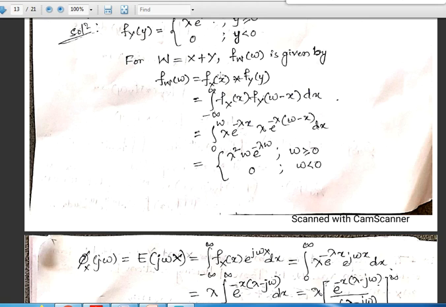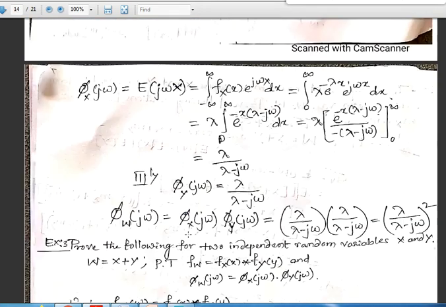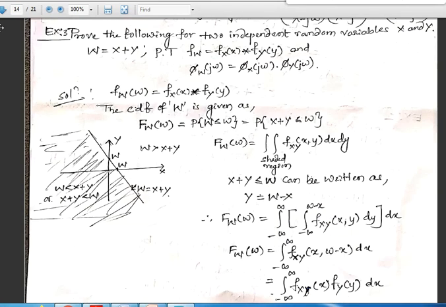Now the confusion here is: w is equal to x plus y, then f_W of w is equal to the convolution of x and y. How does this come? Let's see. Here there is a proof.